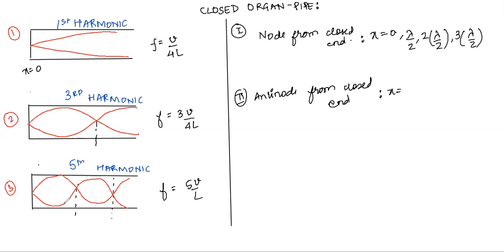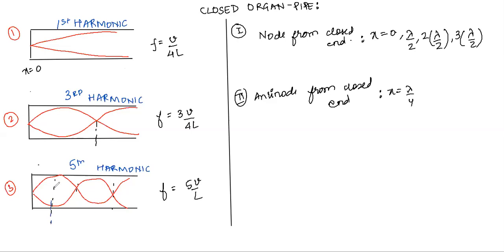This is sufficient now. This is at lambda by 4. What about the next antinode? Lambda by 2. Let's check. I'll mark it with blue.